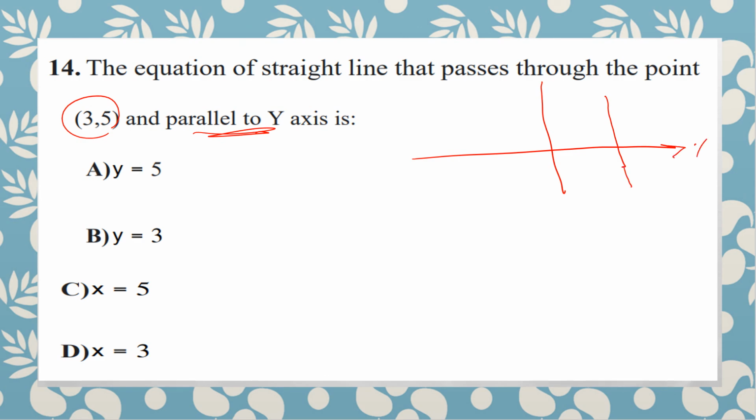This is the x axis and this is the y axis. If the straight line is parallel to the y-axis, it is a vertical line, and the equation of this line is x equals a, and a here equals 3. So the equation of the straight line is x equals 3. So the correct answer is D.